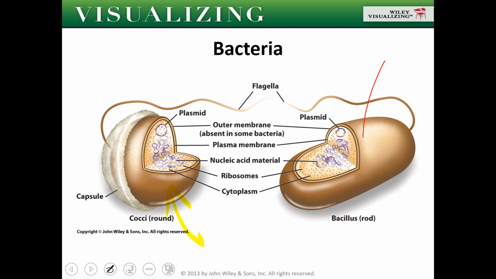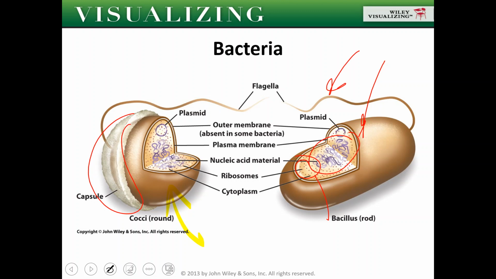You see the plasma membrane and a cell wall sometimes, DNA, which is not in a nucleus, cytoplasm, those tiny dots are ribosomes, sometimes a capsule, sometimes a flagellum for movement. But you see no nucleus, no internal membranes.